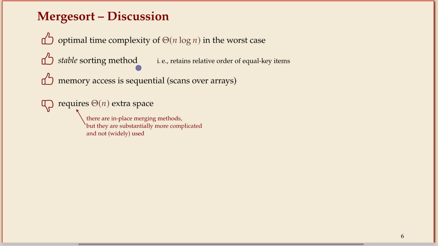So Mergesort is easy to make stable: when you do the two runs and there's a tie, the two first elements are equal, you just take the one from the left run and give that precedence, then you're stable. So that's good for Mergesort.